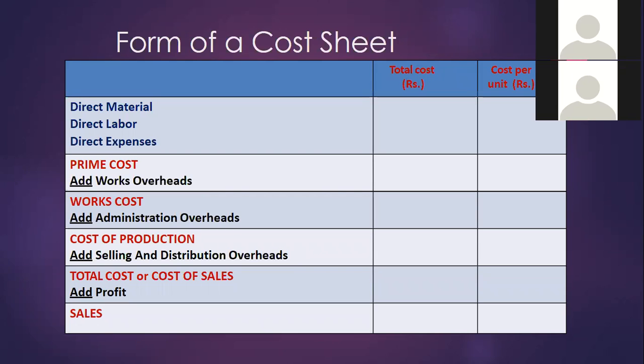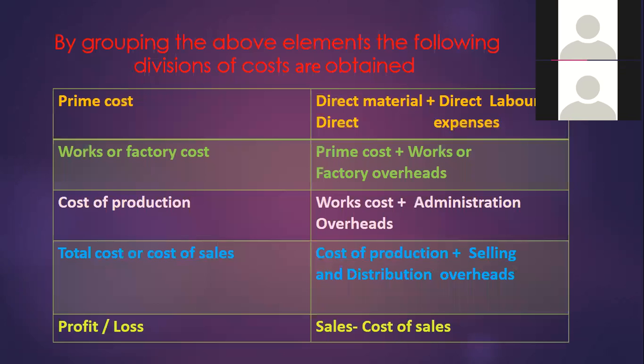Now, when you club the various heads, see the grouping of elements. Prime cost includes your direct material, direct labor, and direct expenses. Then works or factory cost includes prime cost plus factory overhead or works overhead.